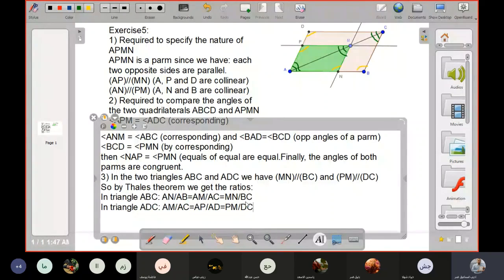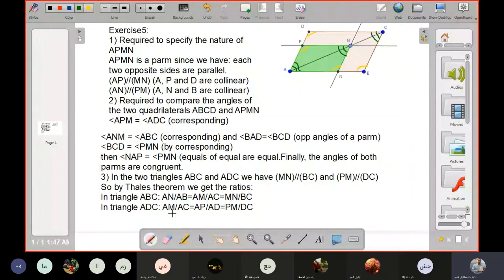And here we have AM over AC equal AP over AD equal PM over DC. So we have a common ratio, AM over AC, in both triangles when Thales theorem is applied. So all these ratios are said to be what? If they have a common ratio, then all these ratios are equal.